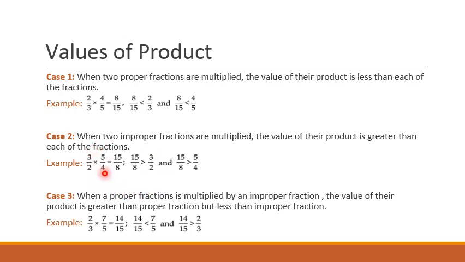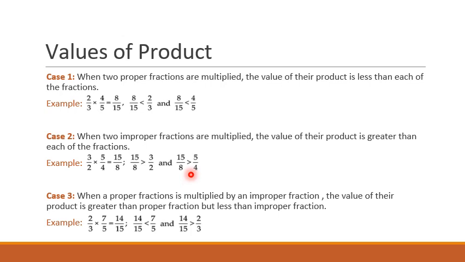Similarly, if I find the equivalent fraction of 5 by 4 with denominator 8, it will become 10 by 8. Again, 10 by 8 is smaller than 15 by 8. So I can say that 15 by 8 is greater than 5 by 4. Or in general, the product of the improper fractions is greater than both the given fractions.